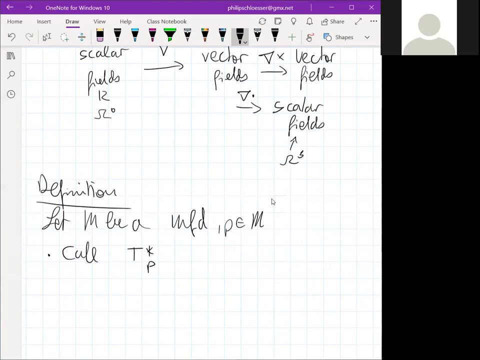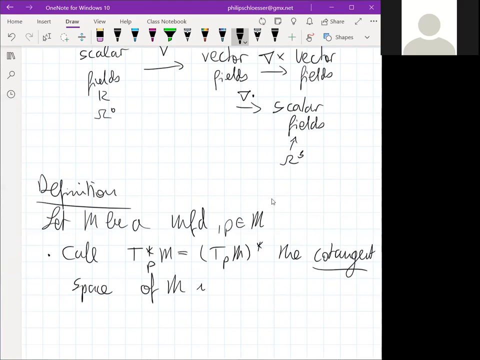We call that T star PM, the dual space of TPM, the cotangent space of M at P.